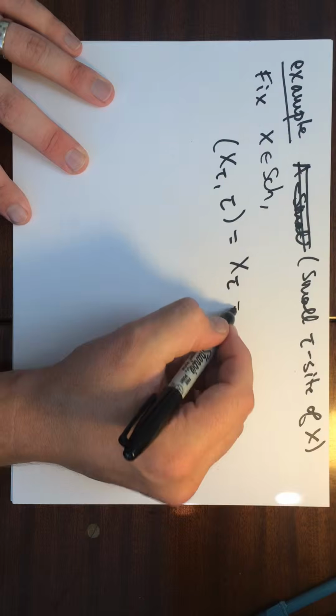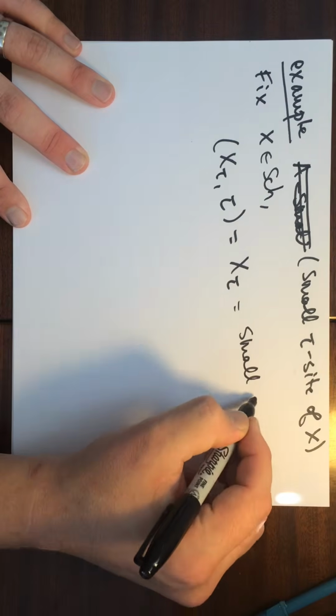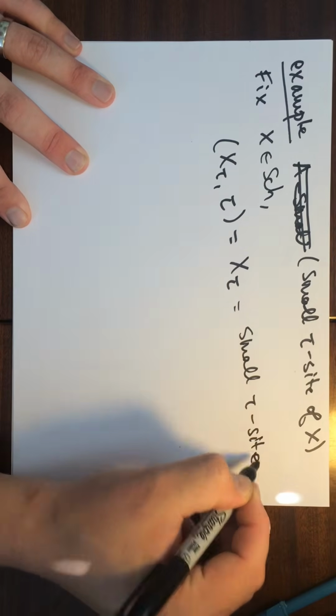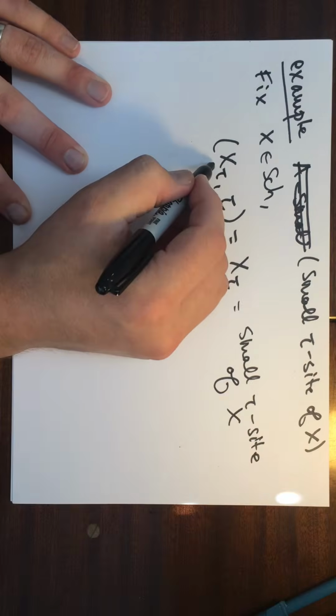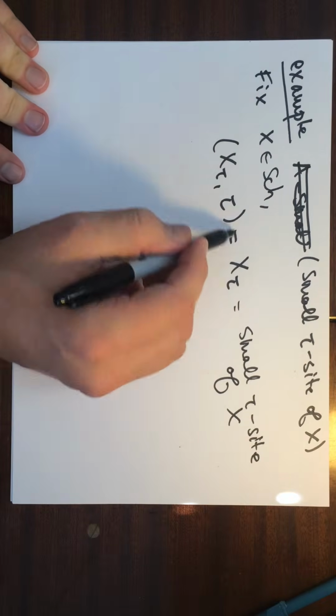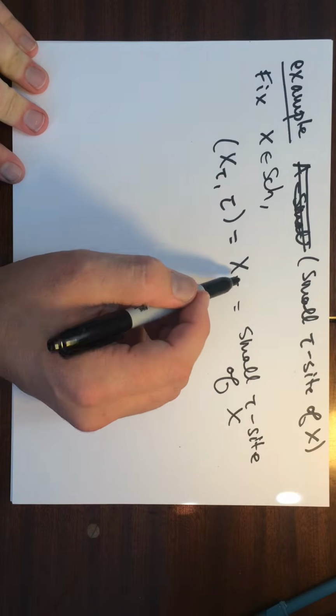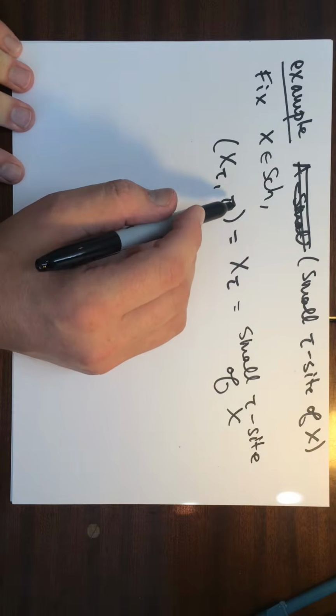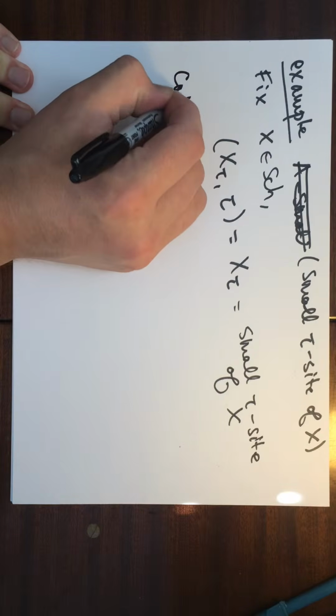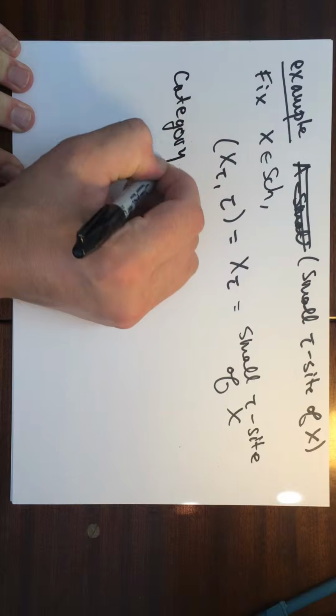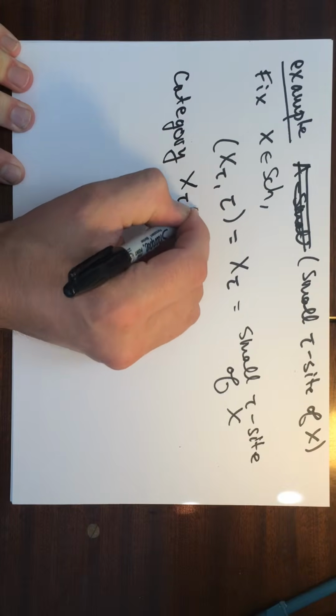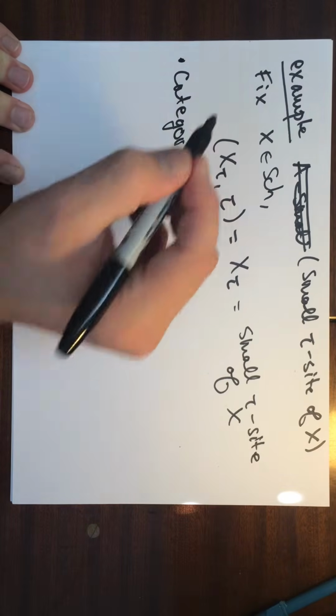So this is the small tau site. Okay, so this is a category. I'm also denoting the entire site by the same thing, and then this is the Grothendieck topology. So the category, okay, I need to describe what the category is.